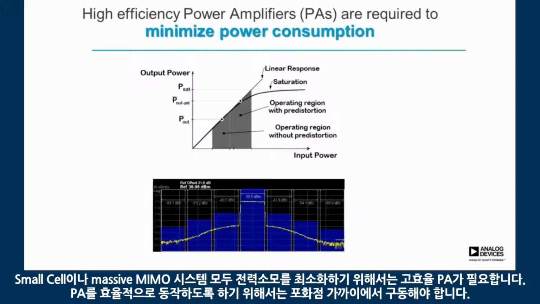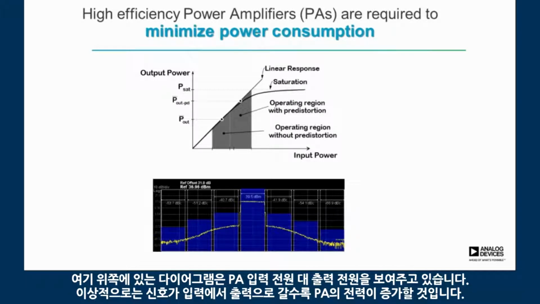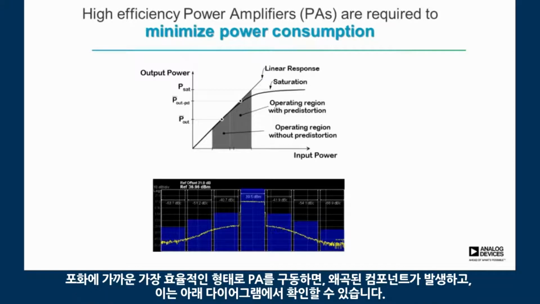So to operate a PA efficiently, it must be driven close to its saturation point. The top diagram here shows PA input power versus output power. And ideally, one would get an increase in power from the PA as the signal goes from input to output and nothing else. However, as you drive a PA in its most efficient form, near saturation, it generates distortion components.